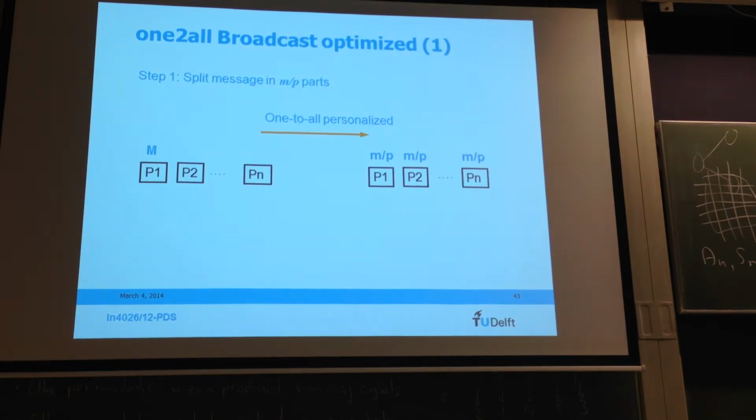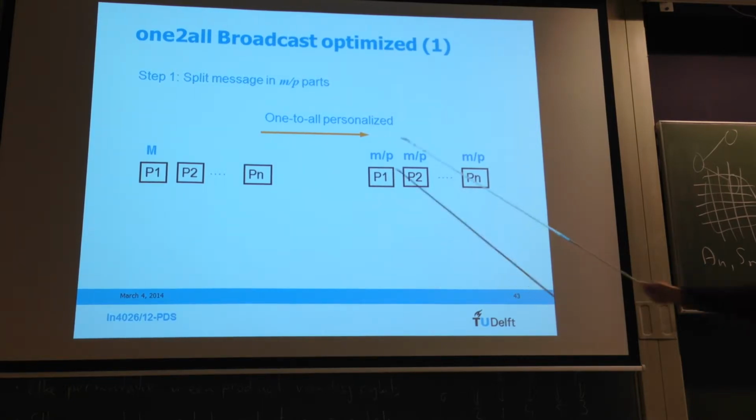Sometimes we can even improve on one of the basic algorithms by making use of a clever trick. And I'll show you one. We had seen the one-to-all broadcast, and what we do here is something counterintuitive.